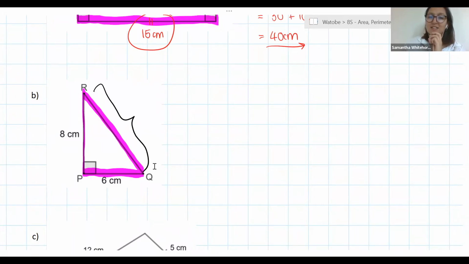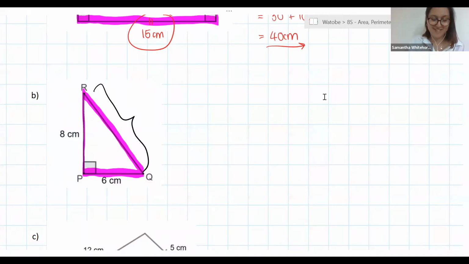Nice, guys. We can use Pythagoras. Emmanuel, do you want to walk us through what we need to do here? Yes, ma'am.